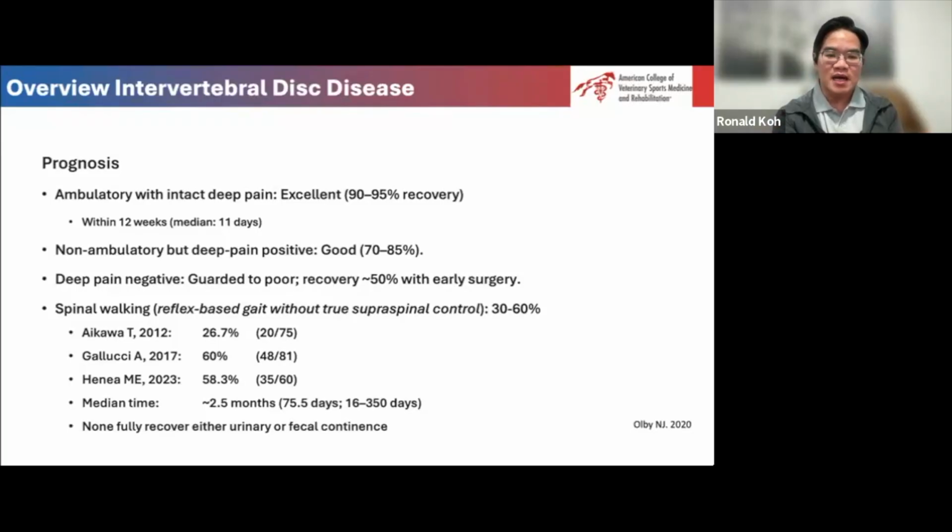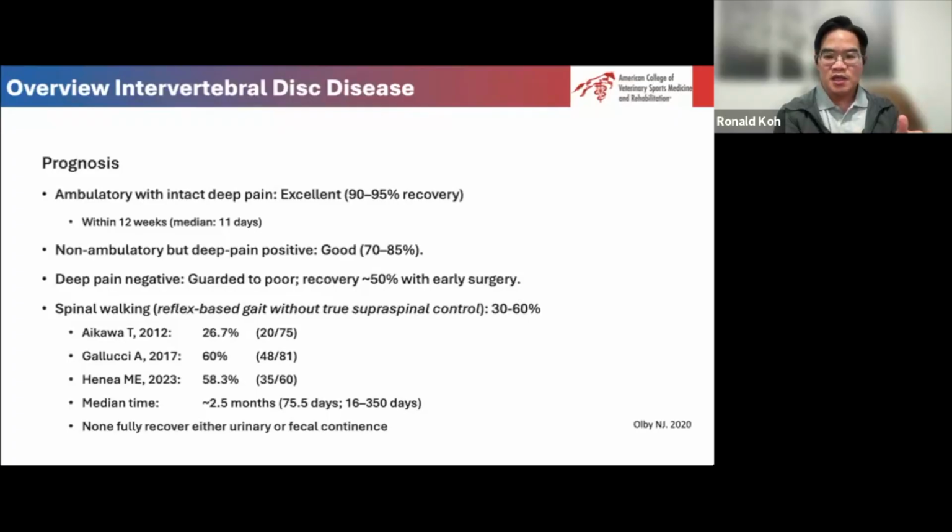Even though dogs do not have deep pain, with strong upper motor neuron reflexes, like young, active dogs, you can actually train them to become spinal walkers. In an early study, about 30% of them became spinal walkers. In a 2017 study, 60% of the dogs with no deep pain became spinal walkers.